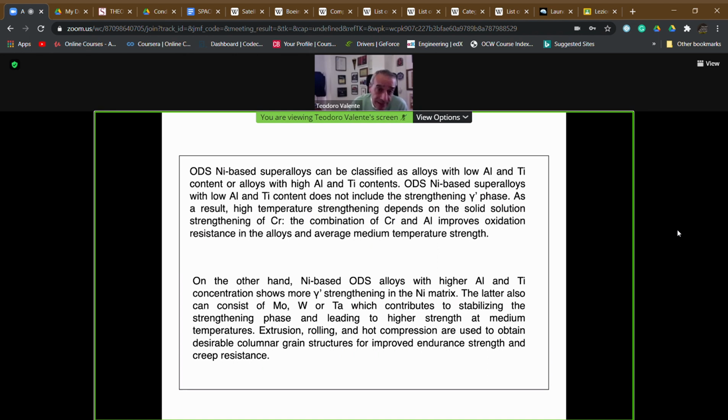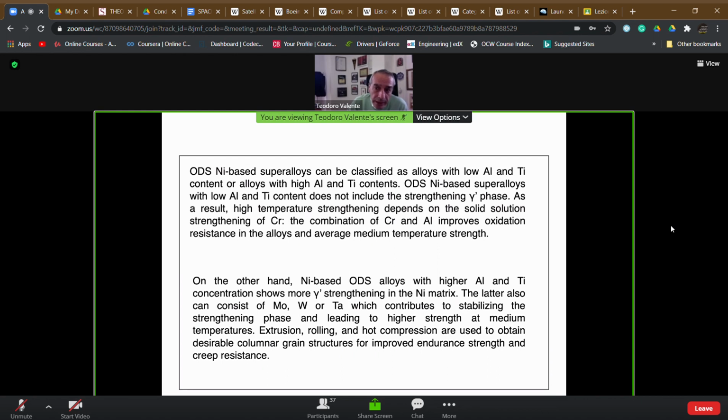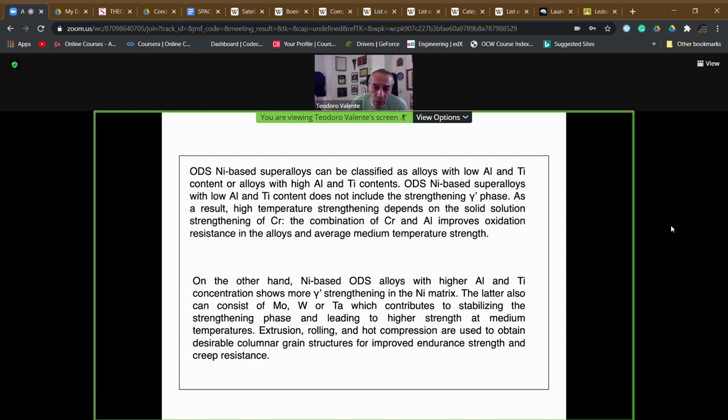But nevertheless, the presence of chromium, for example, and of aluminum itself, can improve the oxidation resistance, as we said before. With a higher aluminum and titanium concentration, we have the possibility of the gamma prime phase, so we can rely on an important mechanism providing additional obstacles for dislocation movements.